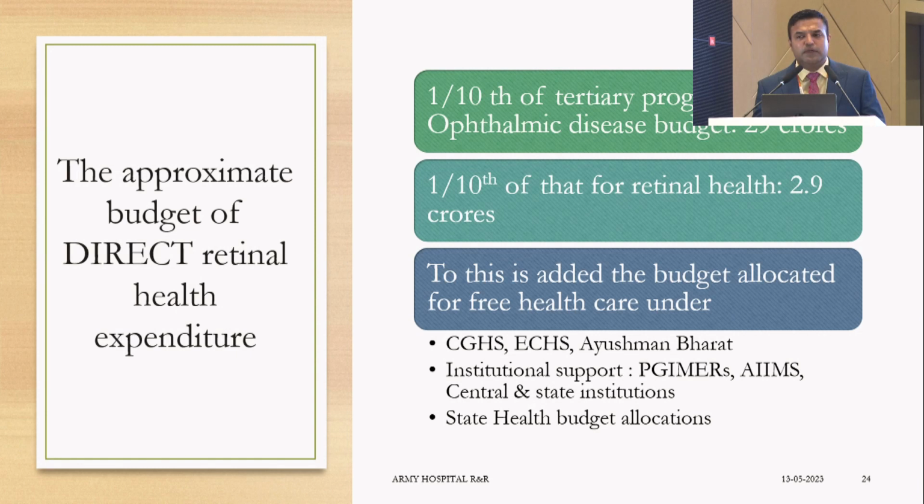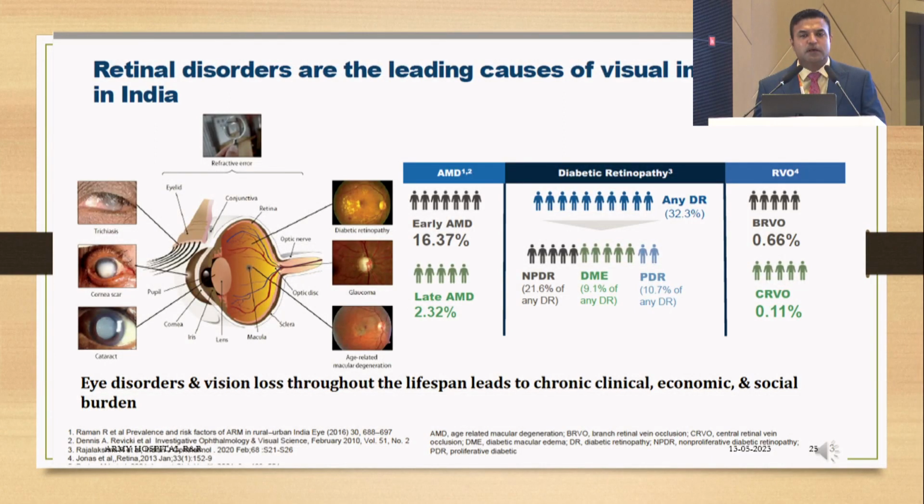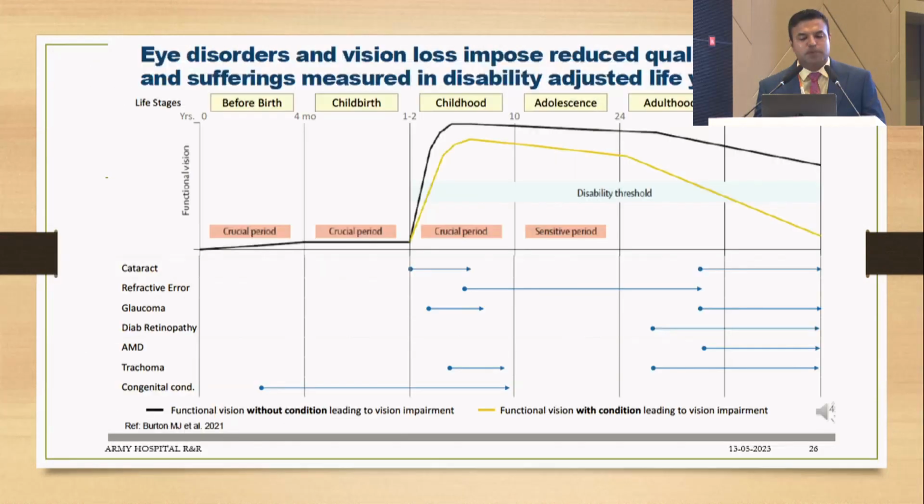So where is the government reimbursing all the retinal health procedures that are going on today? By supporting the insurance agencies, that is CGHS, ECHS and Ayushman Bharat. I'll talk about it later. And by giving institutional support to various central and state government hospitals. Retinal disorders, as has been agreed in all these previous talks, are the leading cause of visual impairment.